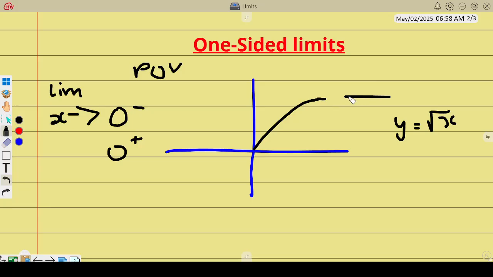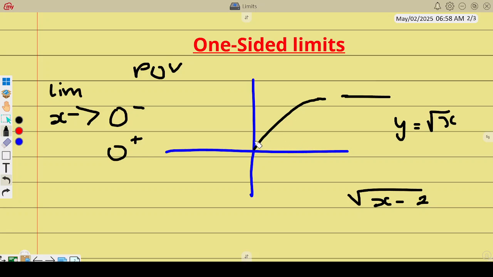So let's say you have a function, this is the graph of root x. Now what if we have the graph of root x plus 2, or we can write minus 2?